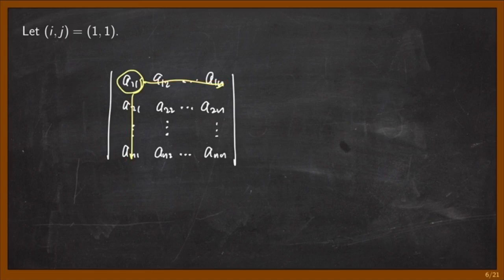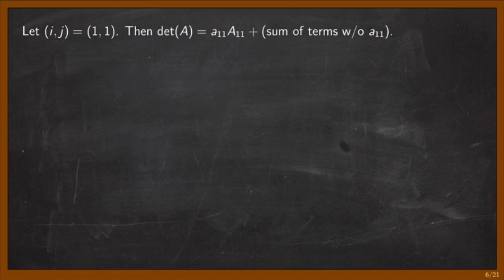So, in order to write this properly, observe that the determinant of A can be written as the sum of the terms with a11 as a factor plus the sum of the terms without a11 as a factor. Among the terms with a11 as a factor, you can factor a11 out, and what's left is the cofactor of the entry little a11, denoted by capital A11.